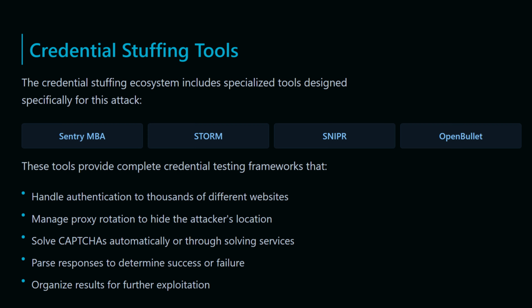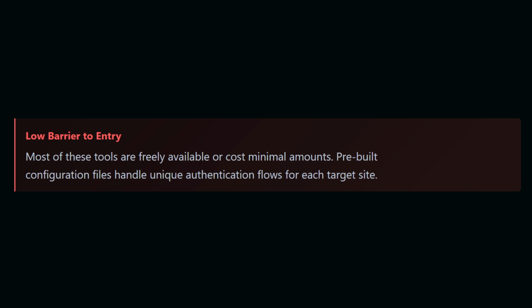These tools come with pre-built configuration files for testing credentials against specific websites. The configurations handle the unique authentication flows, form fields, and response patterns for each target site. An attacker doesn't need to understand how Amazon's login works. They just load the Amazon configuration file, and the tool handles everything. Most of these tools are freely available or cost minimal amounts. The barrier to entry is extremely low.